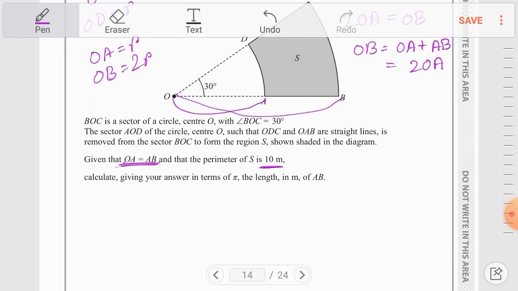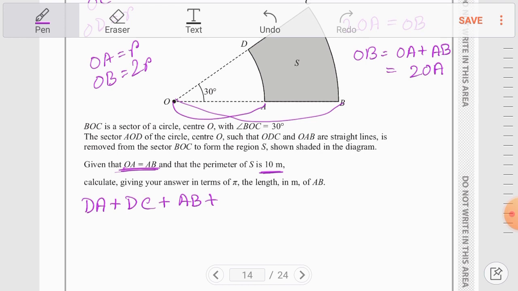Let's make an equation for the perimeter of S. The equation would be the length of DA plus DC plus AB plus CB is equal to 10. These are the four sides of region S, and we need to add the four sides, and that would give the perimeter of S, that is 10.